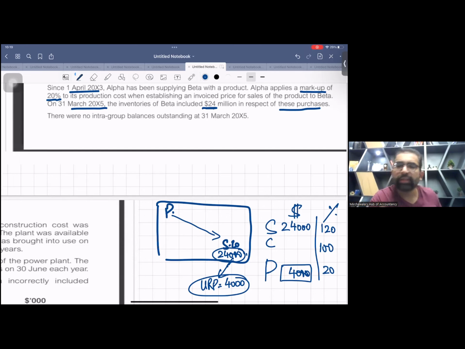So you will reduce the consolidated retained earnings, number one, and also the group inventory.